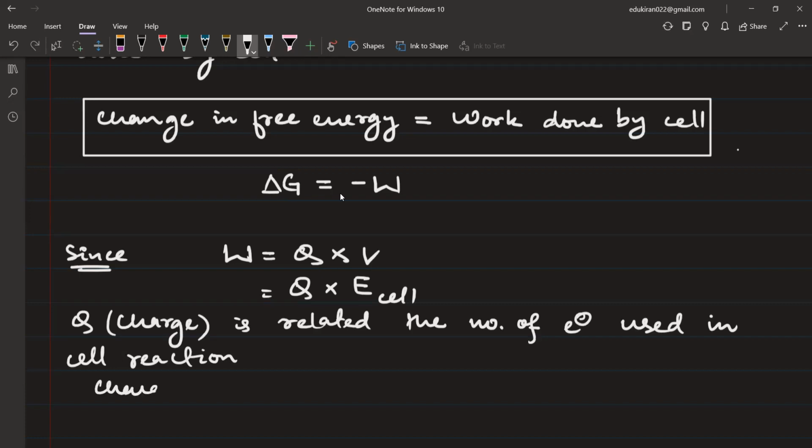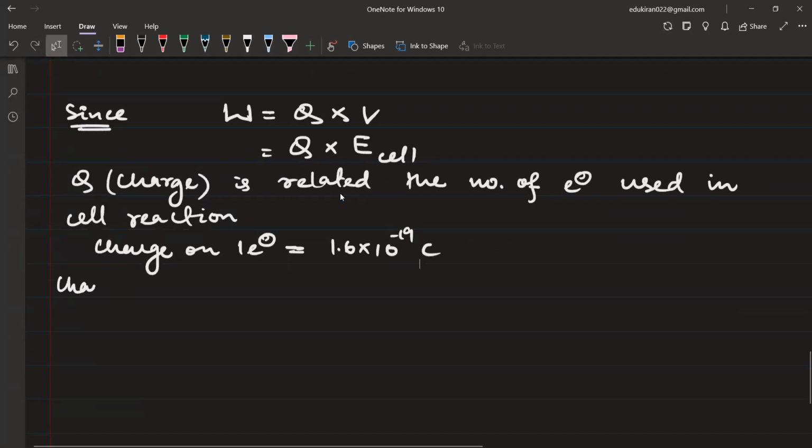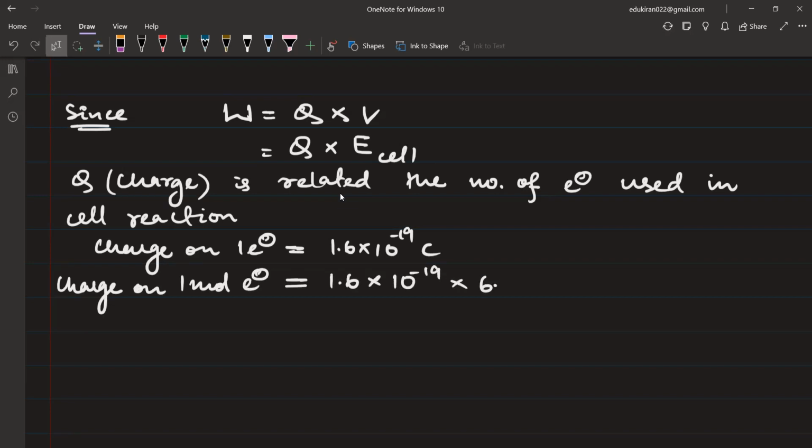Right, charge on one electron is equal to 1.6 into 10 to the power minus 19 coulomb. Charge on 1 mole of electron is equal to 1.6 into 10 to the power minus 19 into 6.022 into 10 to the power 23. This will give me approximately 96500 coulomb. So this whole thing is known as 1F, which is also known as 1 Faraday's constant.